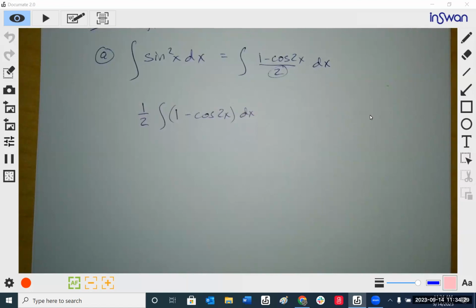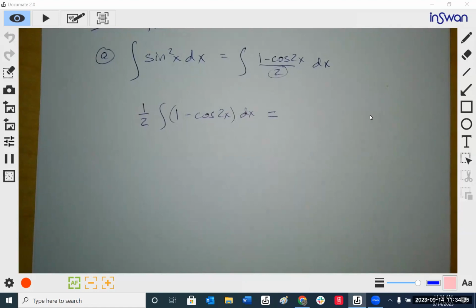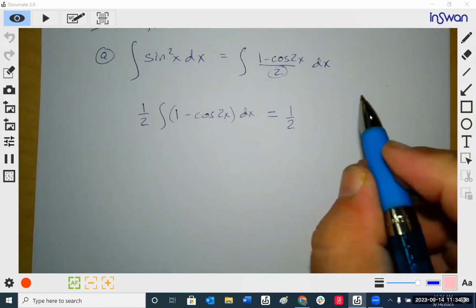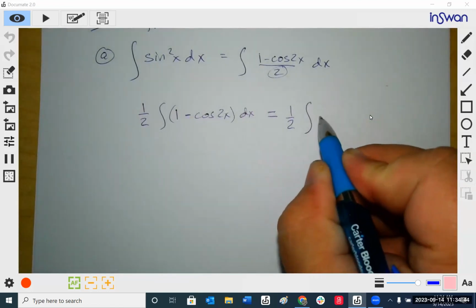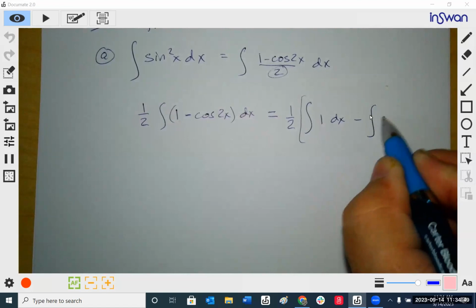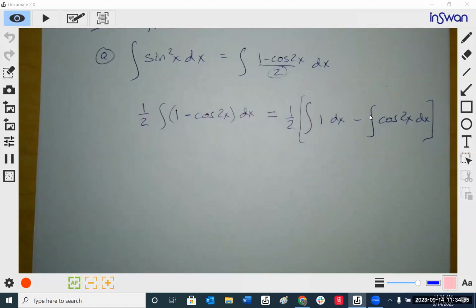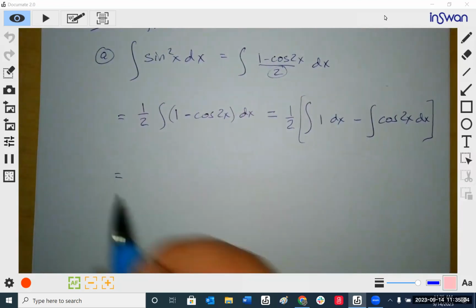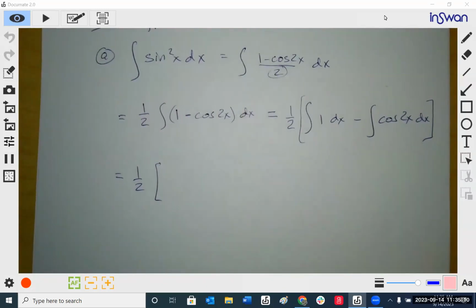What do you do next? This is the difference rule, so I could split them up. What is the integral of 1?